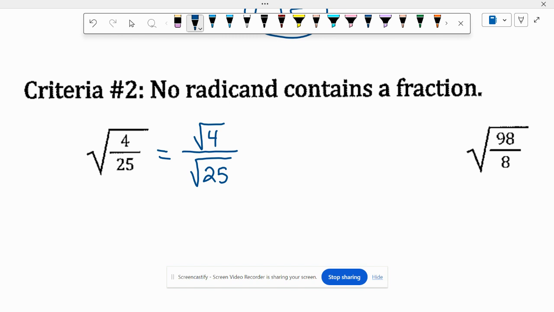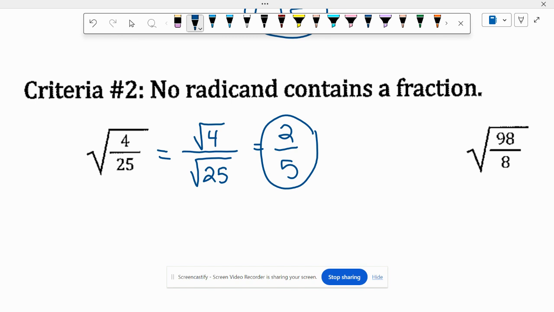I just broke it up, right? So what is the square root of 4? 2. And what is the square root of 25? There we go. No fractions under a radical. It says no radicand can contain a fraction. We got rid of the fractions, right?